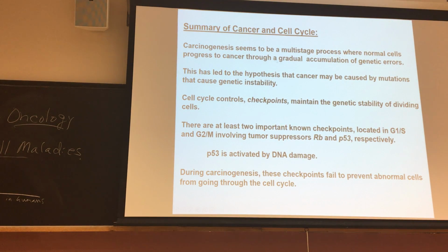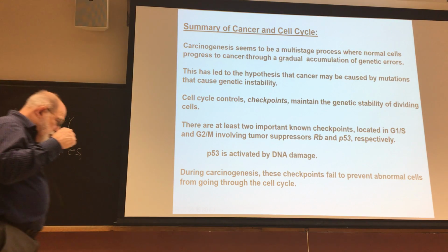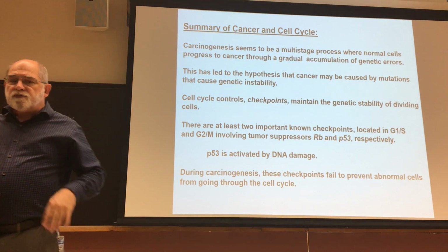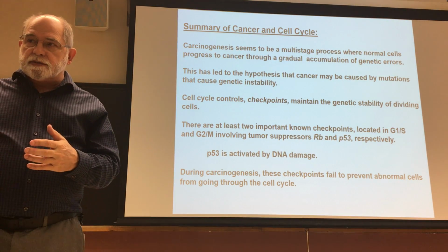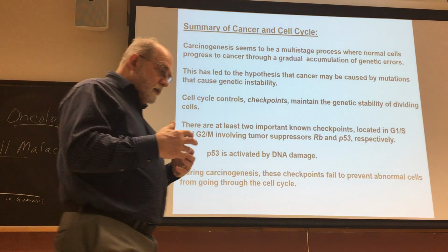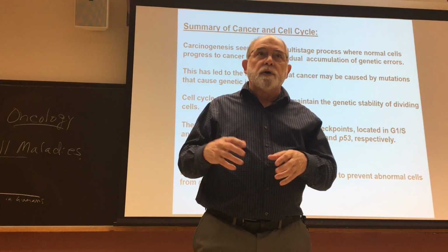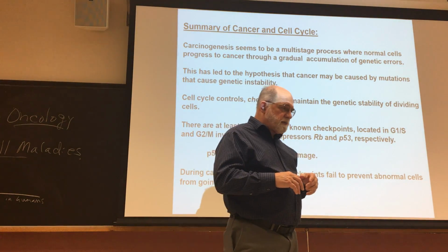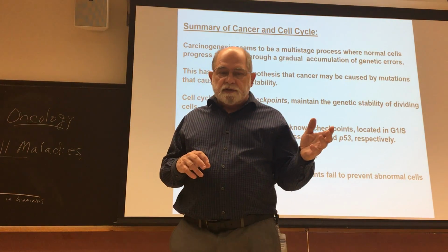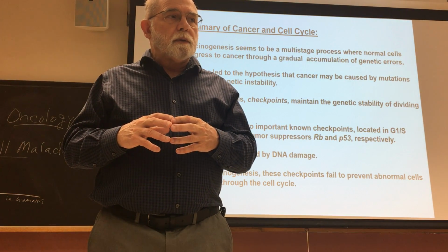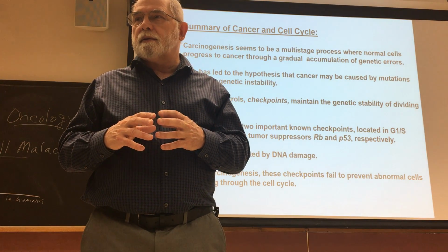So carcinogenesis is a multi-stage process. We're going to go through multiple steps on that. We've talked about cell cycle checkpoints. In addition to cell cycle checkpoints, if you've got a cell that's making proteins at inappropriate times and presenting them on the surface of the cell or spitting them outside the cell, what's the immune system going to think?